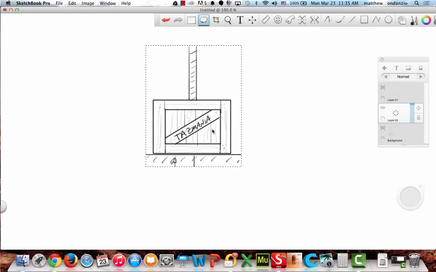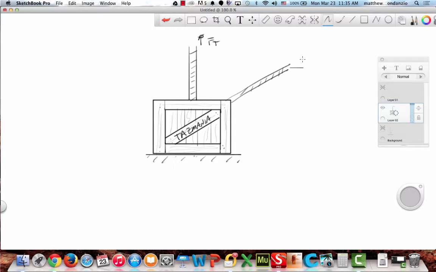Okay, so let's say I have a force, tension. Let's say I have another rope. Force tension 1, force tension 2.